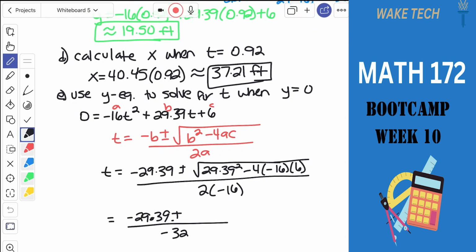So I'll calculate that square root part now: 29.39 squared minus 4 times negative 16 times 6 is 35.32, approximately.